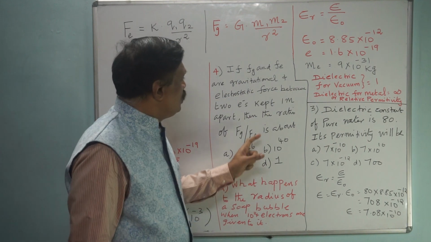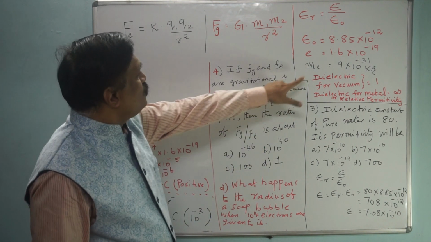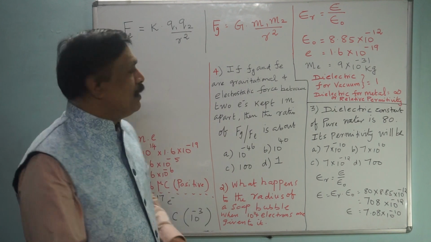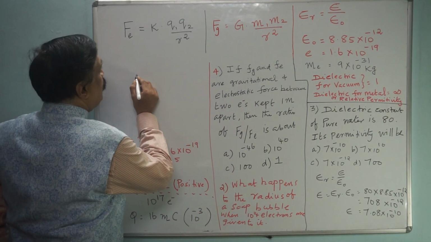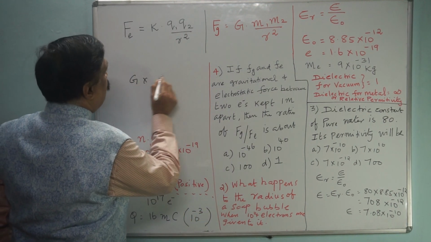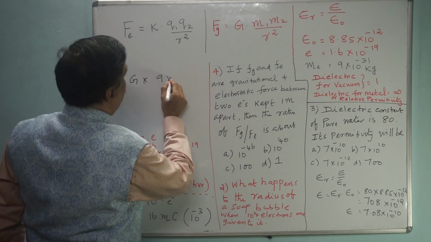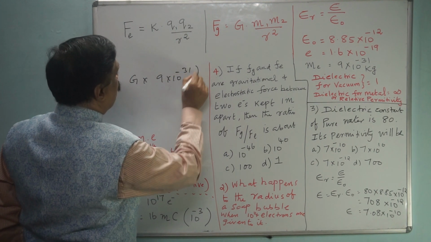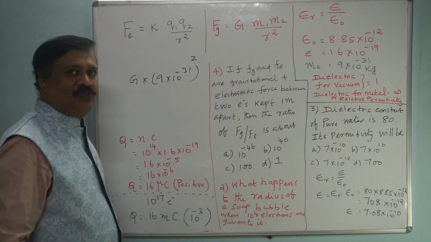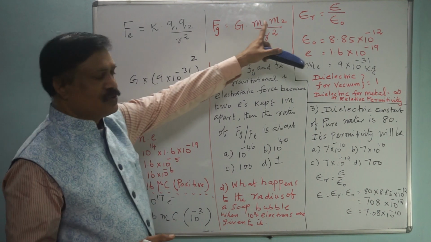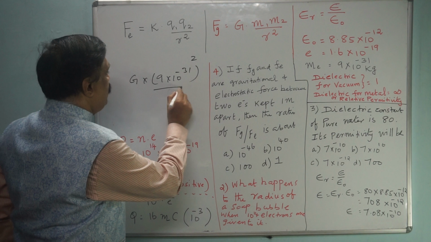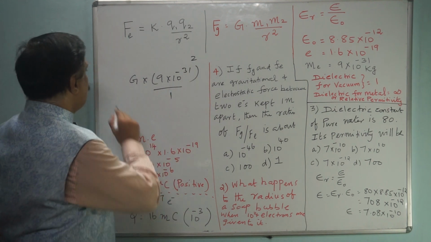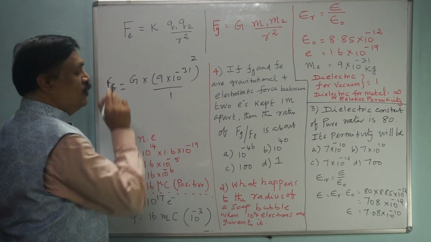The mass of the electron is 10 power minus 31. That means G value into mass is 9 into 10 power minus 31. Two electrons, therefore it should be squared. Same masses, and by r squared, r is 1. This is your Fg value.